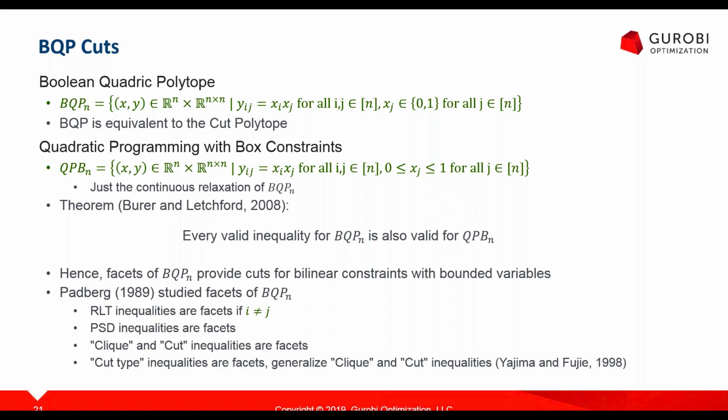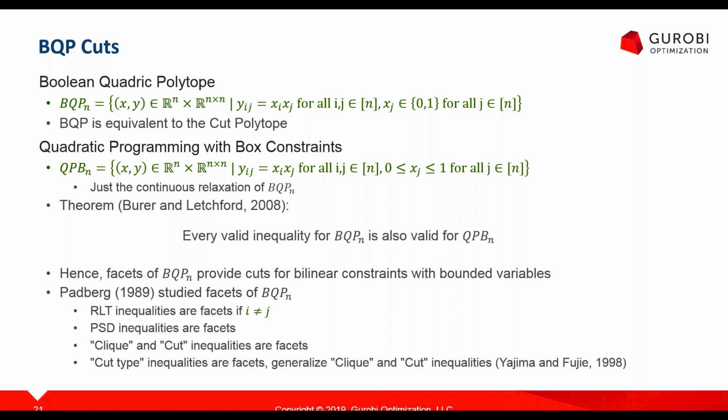And of course, the polytope here now is the convex hull of these integer points. Okay, so that's an interesting polytope. One interesting aspect is that this is actually equivalent to the cut polytope. So if you want to solve max cut problems, then you can also solve an equivalent Boolean quadratic problem.